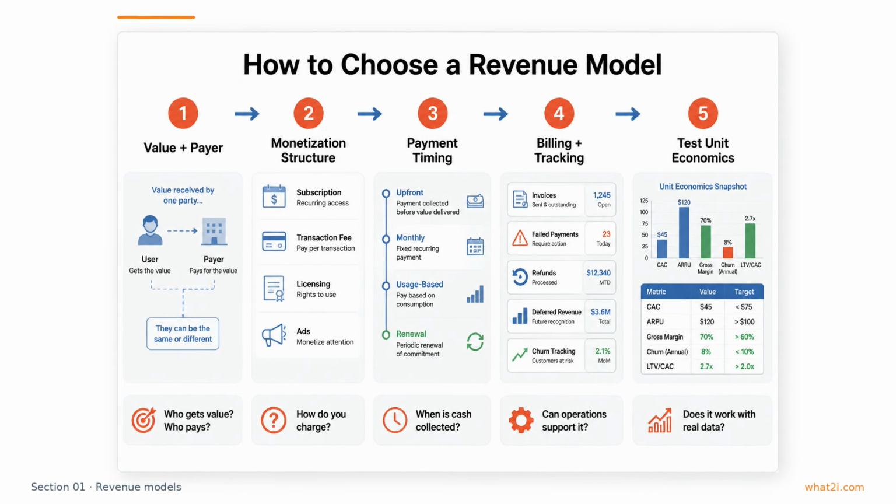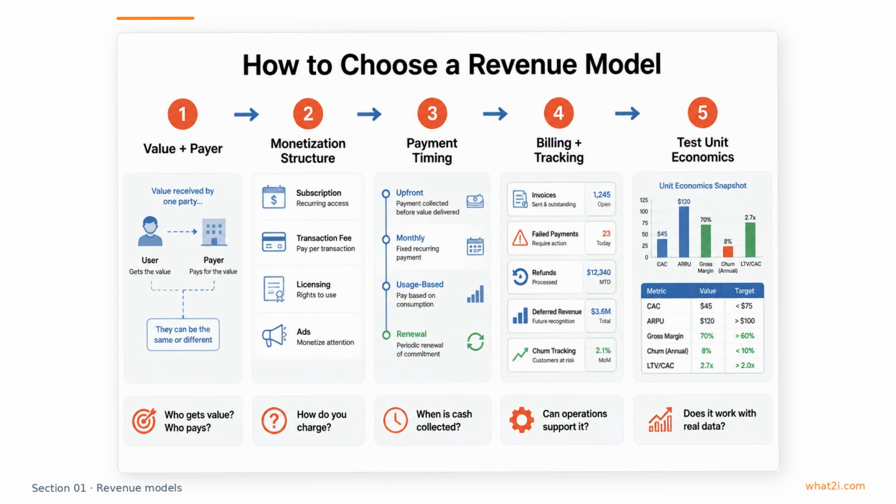The timing of payment matters too, because charging upfront, monthly, or after usage can change customer behavior and cash flow. A workable model also needs billing systems and revenue tracking that operations can actually support. In the end, the model has to survive contact with real data, so metrics like churn, gross margin, payback, and lifetime value become the test of whether the design truly works.